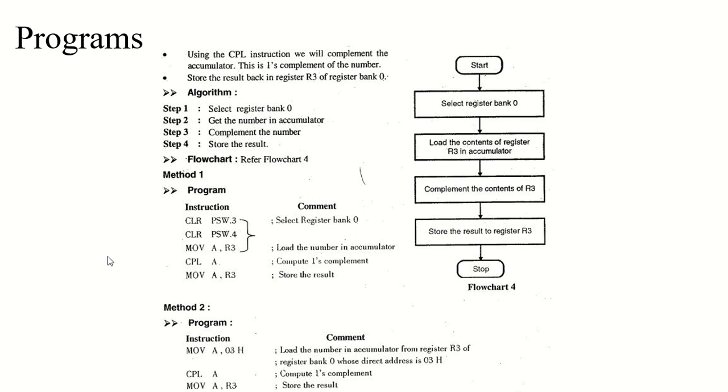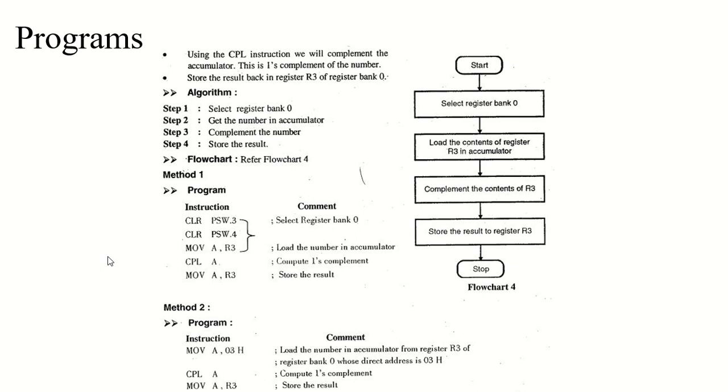First we will select register bank 0, then we will load the content of register R3 in the accumulator, because every arithmetic operation takes place in the accumulator only. We will then take the complement of the content, and then after taking the complement, we will store the content which is currently in the accumulator back to the R3 register.